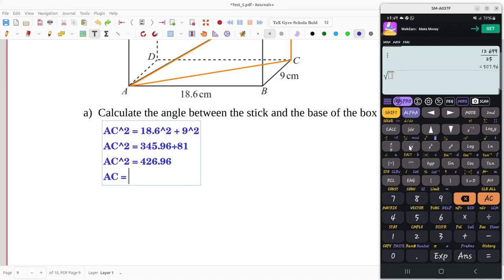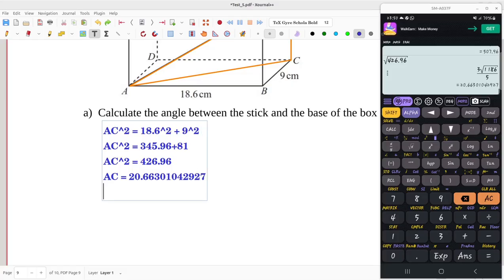Taking the square root on both sides, AC will be equal to the square root of 426.96. It's giving us 20.66301042927. Round this one to 1 decimal place, then your AC will be 20.7 centimeters.